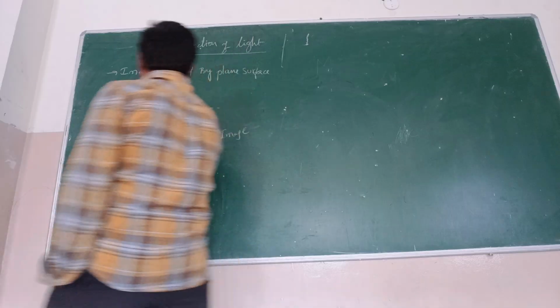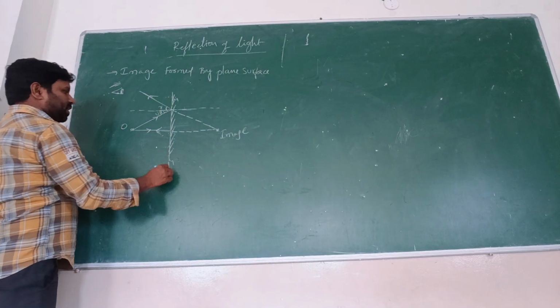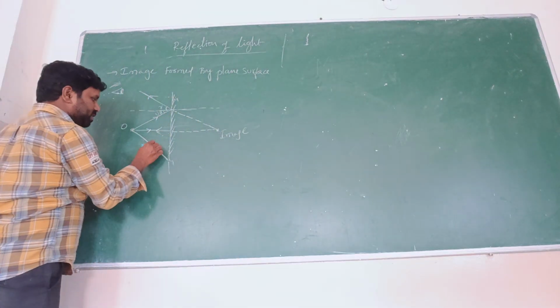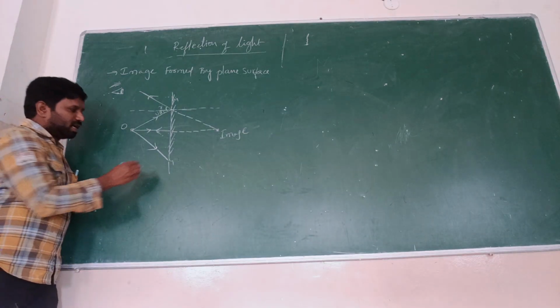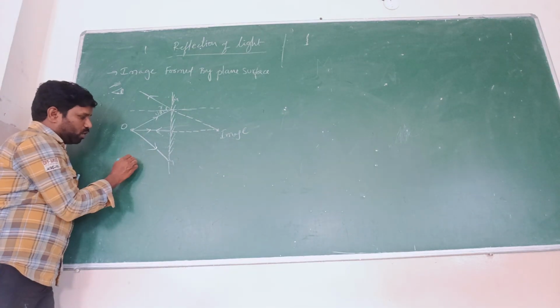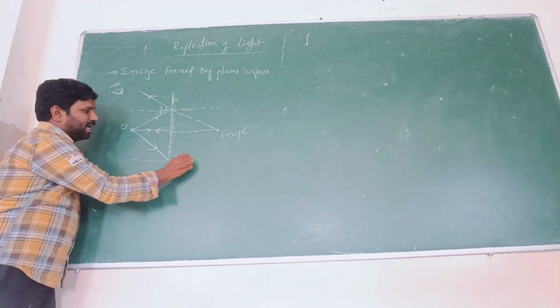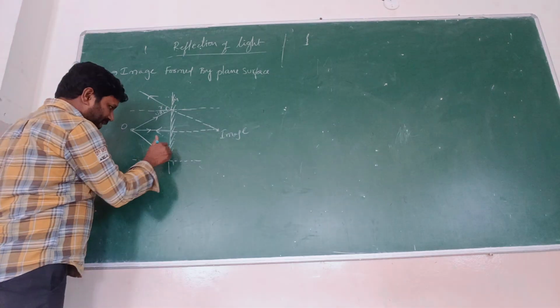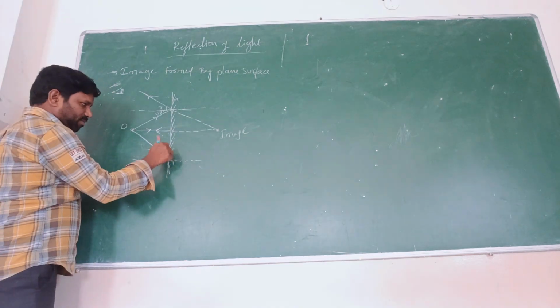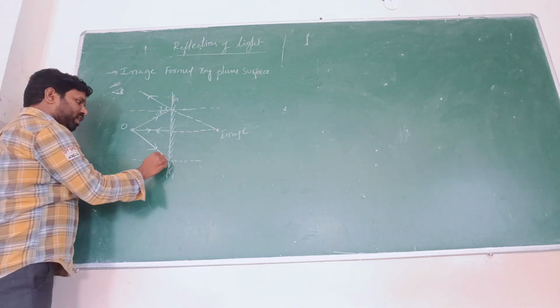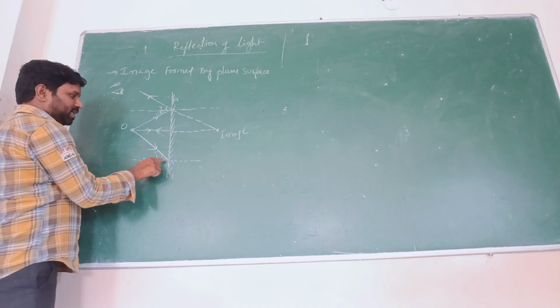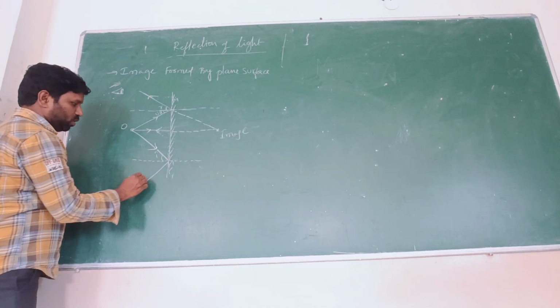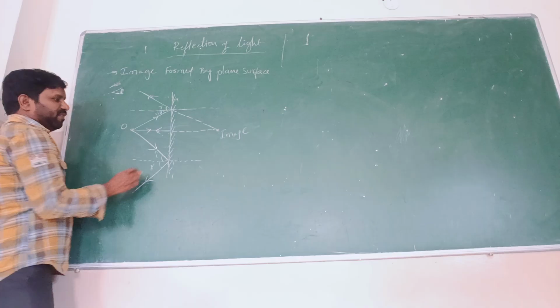This side also, a light ray can be considered. Now the light ray is incident here. We have to draw a line perpendicular to this mirror. With whatever angle the light ray is incident, with that much angle only it will be reflected.